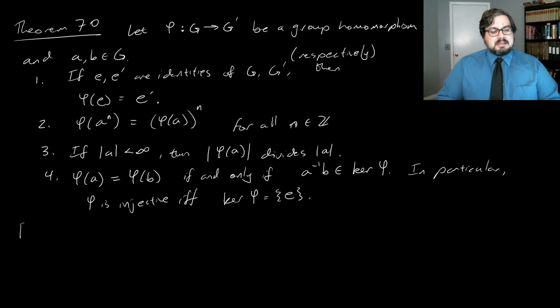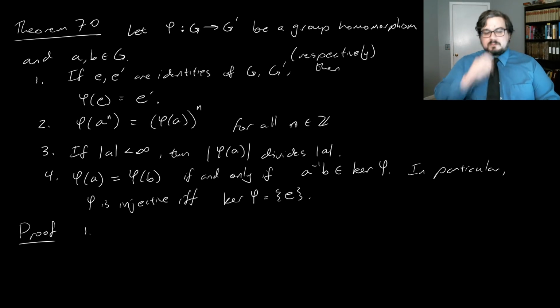All right, let's see the proof of this, at least a sketch. So for part 1, we want to show that phi of E is the identity element of G prime.